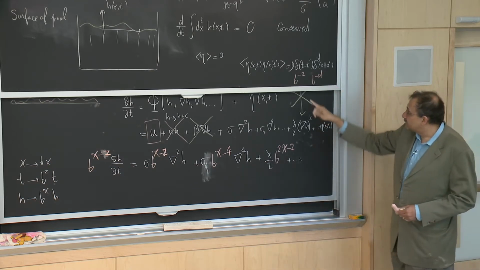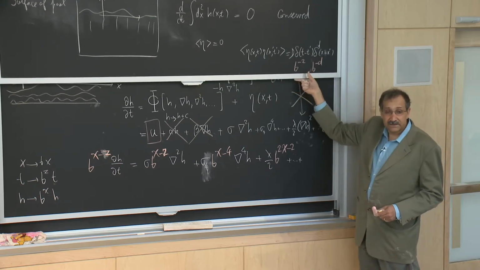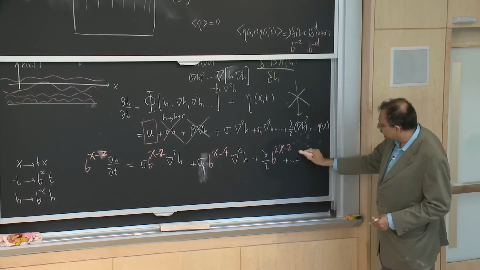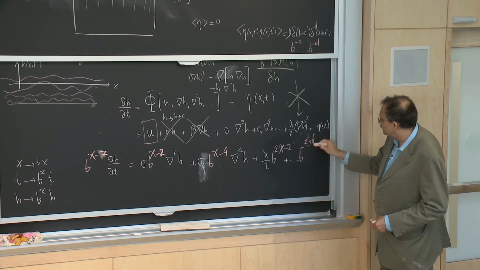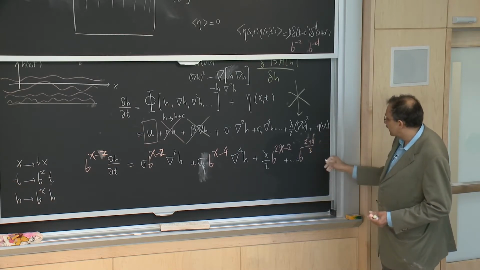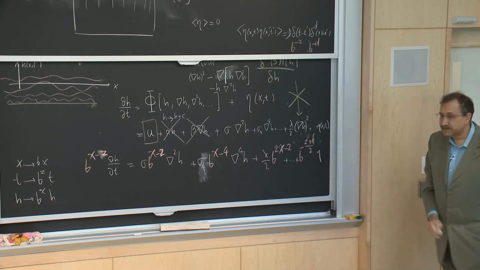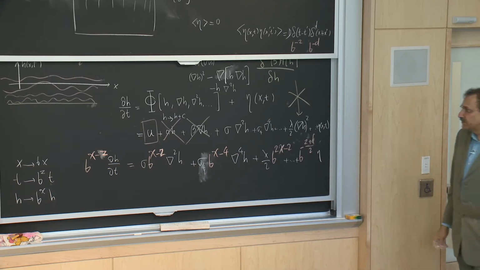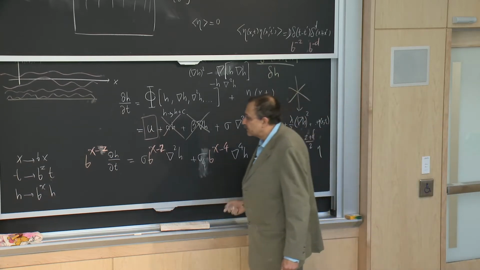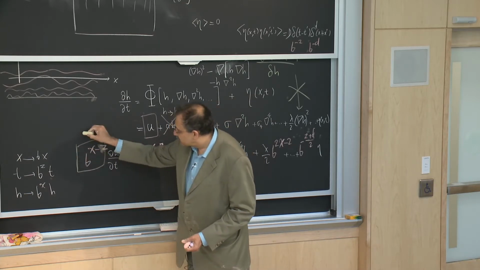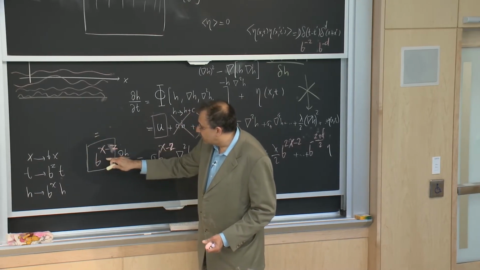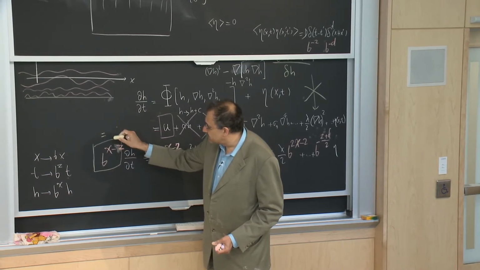But the noise eta is half of that. So what I will have is b to the minus z plus d over 2 times eta under the rescalings that I have indicated. I get rid of this term, divide by b to the chi minus z.